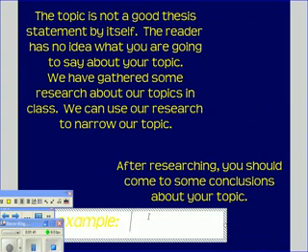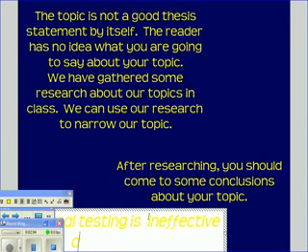So, after researching in class about animal testing, I have come to the conclusion that animal testing is not effective and painful to animals. So I'm going to write down animal testing is ineffective and painful.